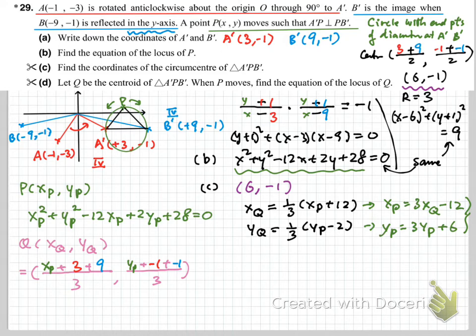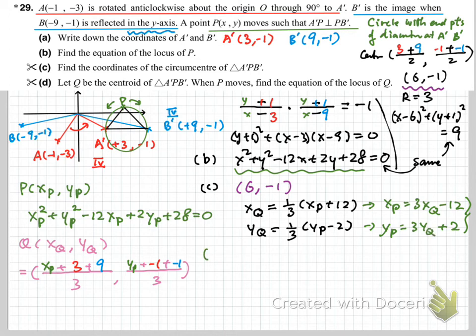Now, these green xp and yp should satisfy this equation. So if we replace xp and yp with xq and yq, we have the relation between xq and yq. I'm sorry, this should be yq. Alright, so we put them back.